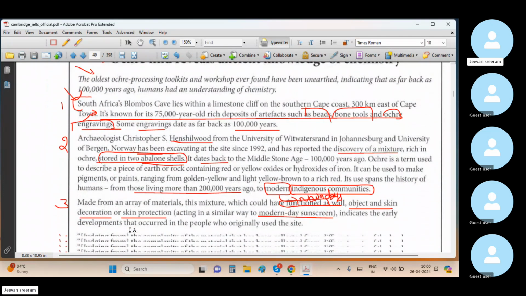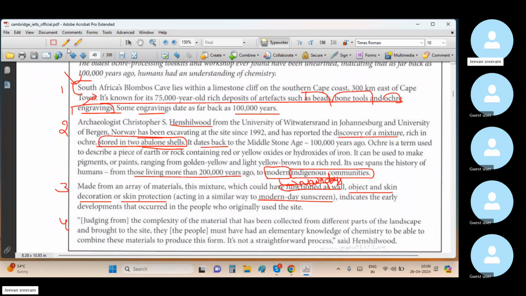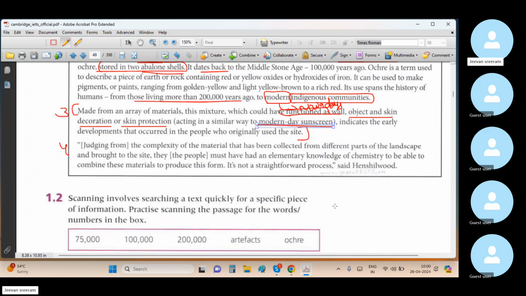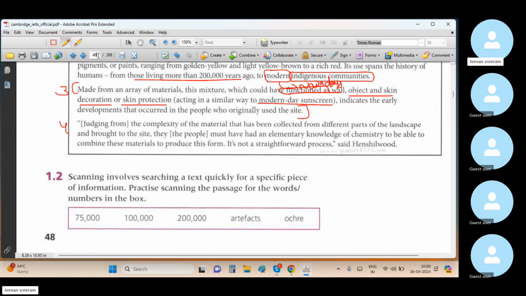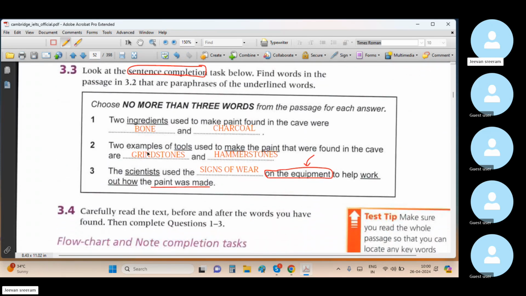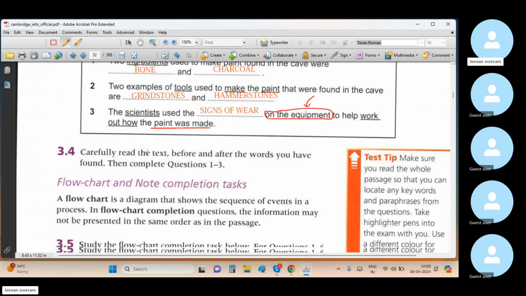Where are the uses? Yeah, here we go. This is the paragraph. You have to check it to answer this. Please read through that paragraph once again to answer the remaining last two blanks.